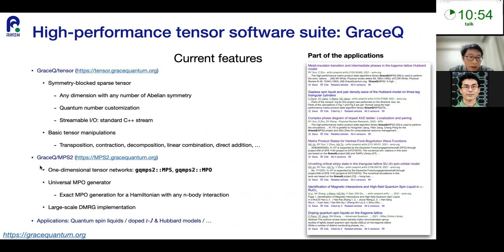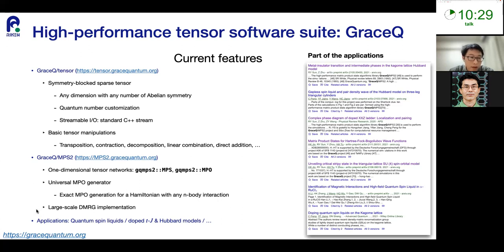And GraceQ MPS2 provides basic one-dimensional tensor networks like MPS and MPO, and it also provides a uniform MPO generator, which can generate an exact MPO for a Hamiltonian with any n-body interaction.